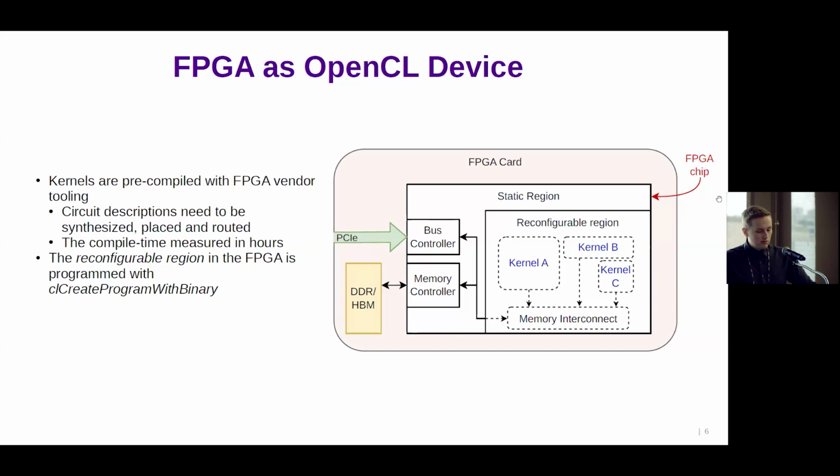The main feature of these OpenCL implementations on FPGA is the really long compile time. It's multiple hours, so it's not realistic to use JIT compiling for FPGA implementations, and typically it's not used.